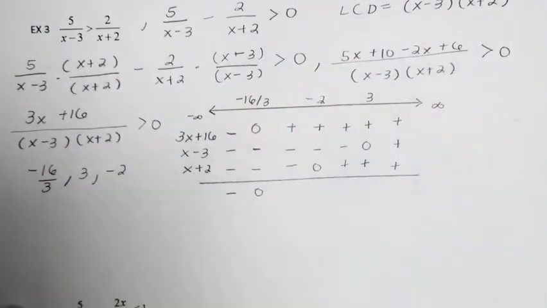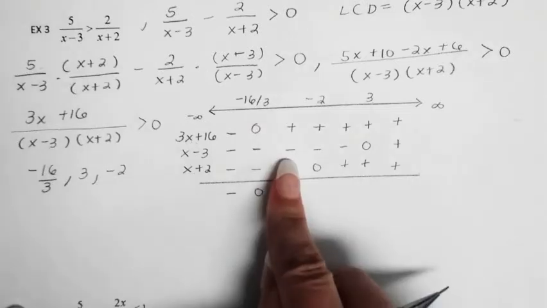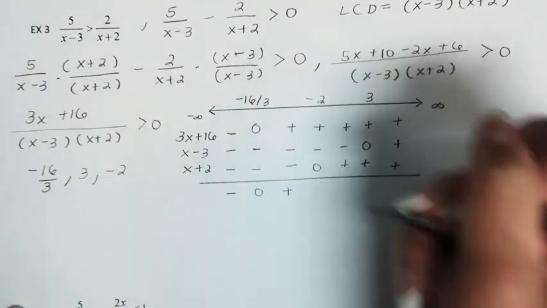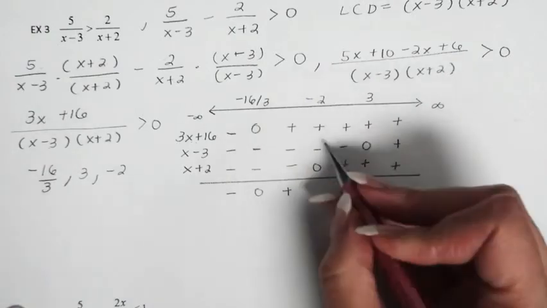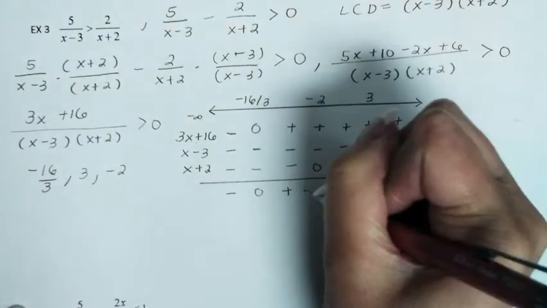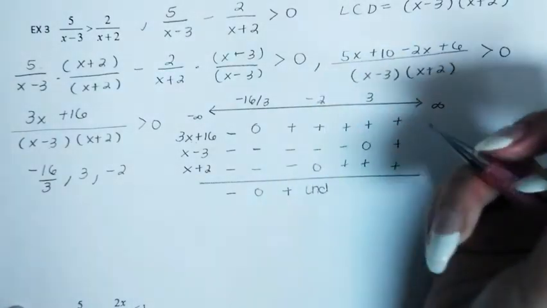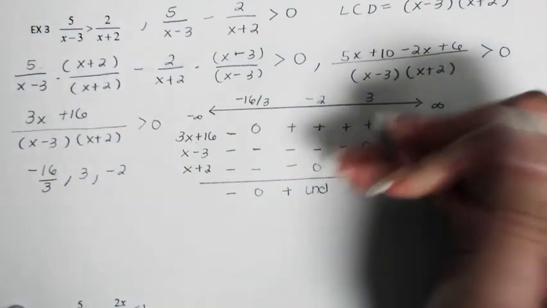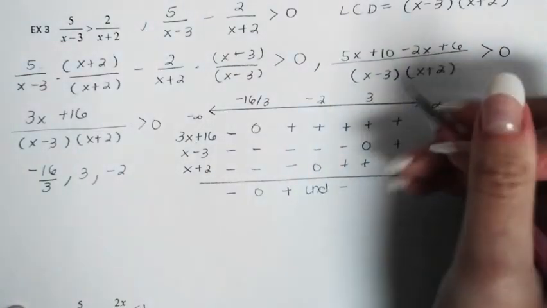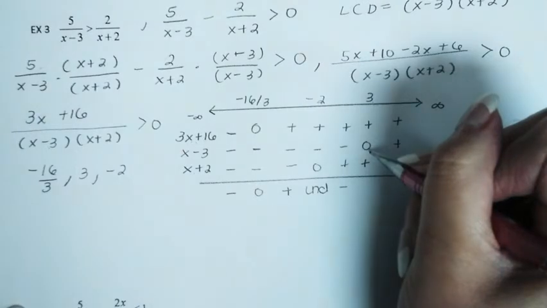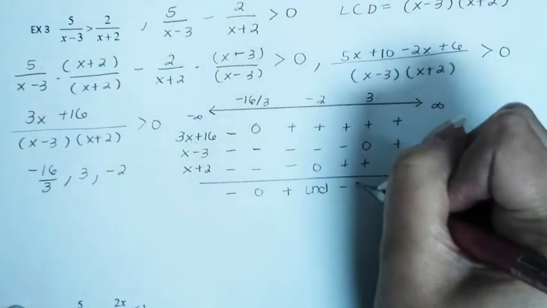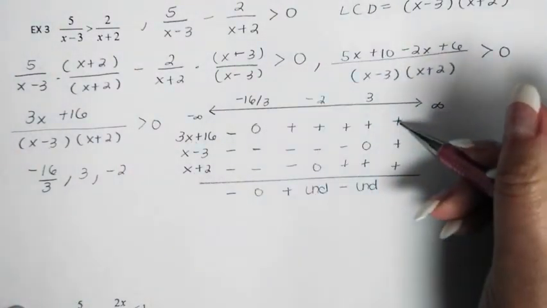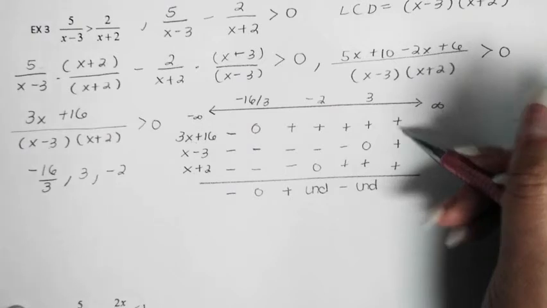Then positive divided by negative times a negative is positive, so positive over positive is positive. Then this one is undefined because you have a positive divided by 0. After that, a positive divided by a negative is negative. Then a positive divided by 0 is again undefined, which makes a lot of sense. And then a positive divided by a positive is positive.